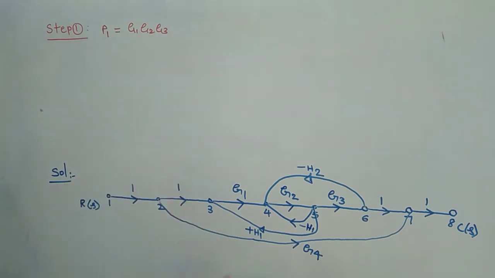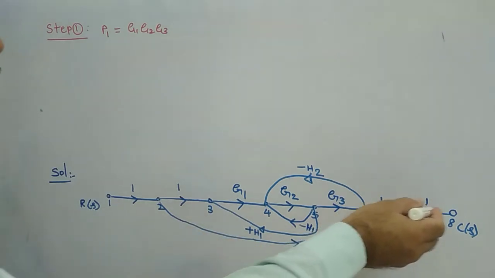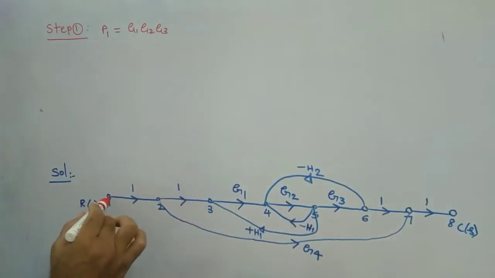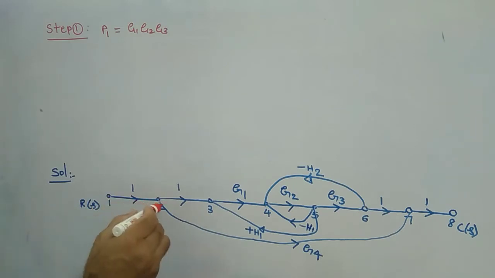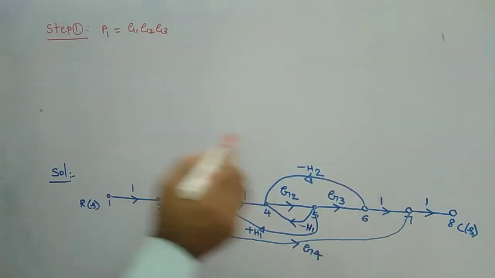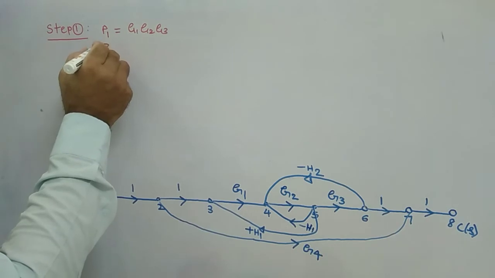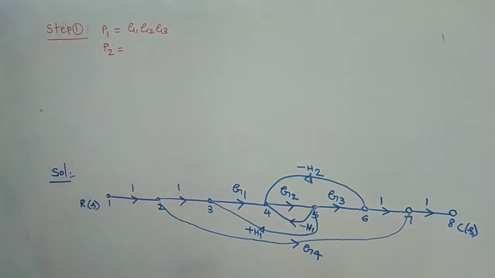Is there any other forward path? Yes, there is one more path available. From input 1 to point 2, and from here if you see, there is an arrow mark going in the forward direction G4, reaching this point and reaching the final point. This is the path, like this G4. Therefore, that is your second forward path P2.